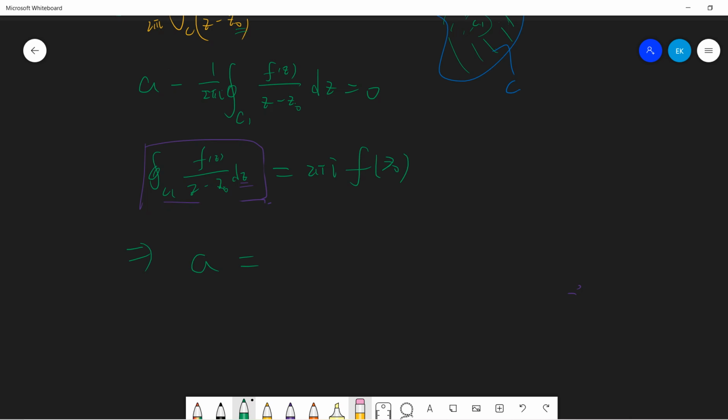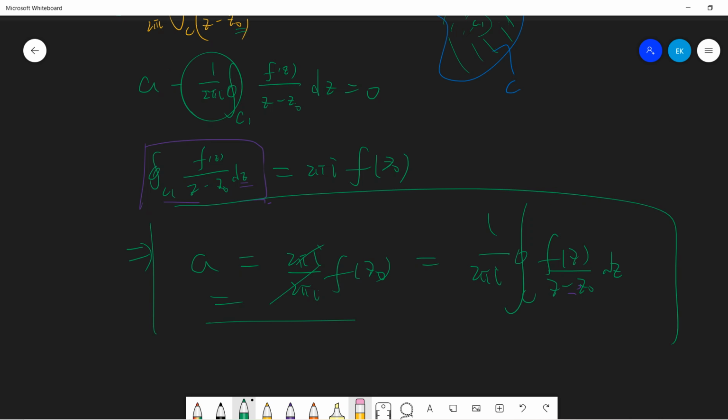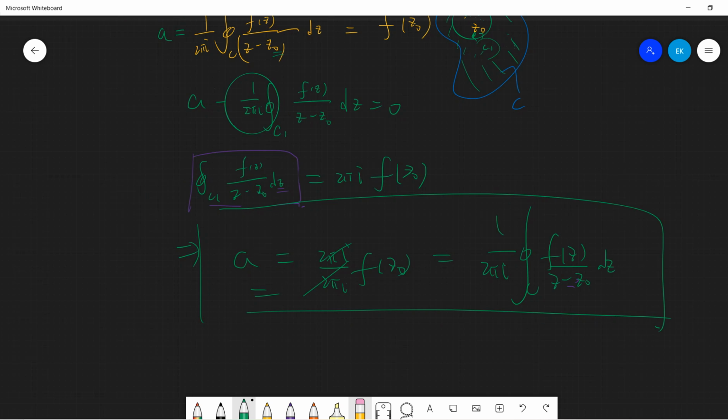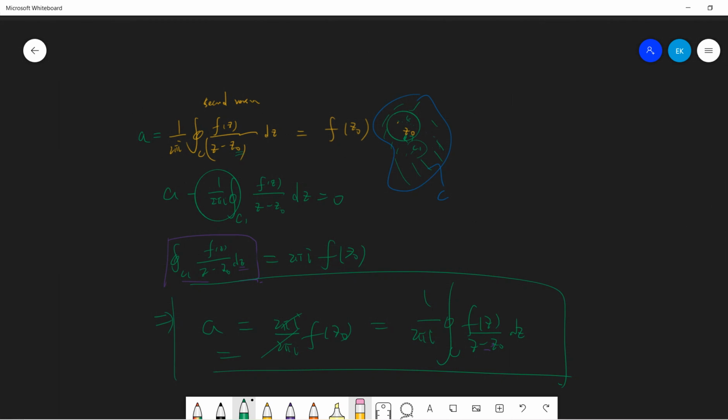So A equals 2π i divided by 2π i, you just plug in this f of z0. So cancel, and the definition of A is basically this. Okay, so nice, we proved the Cauchy theorem for the second integral form.